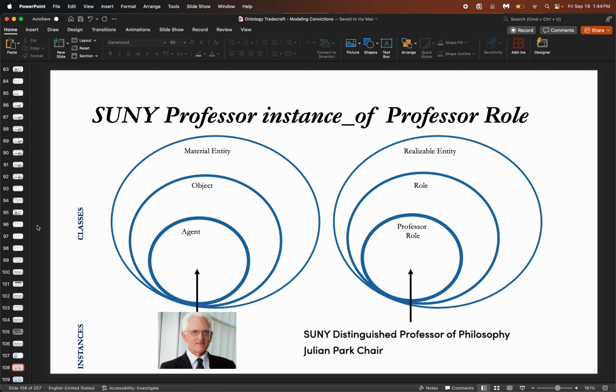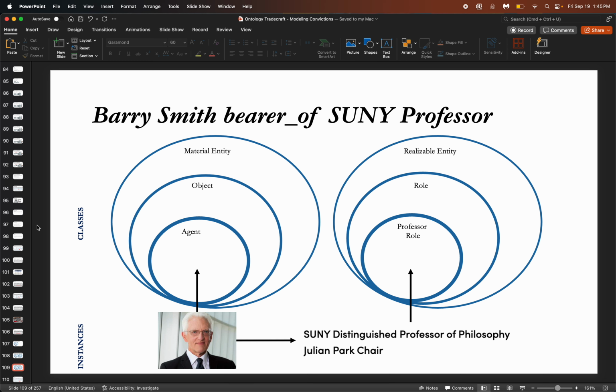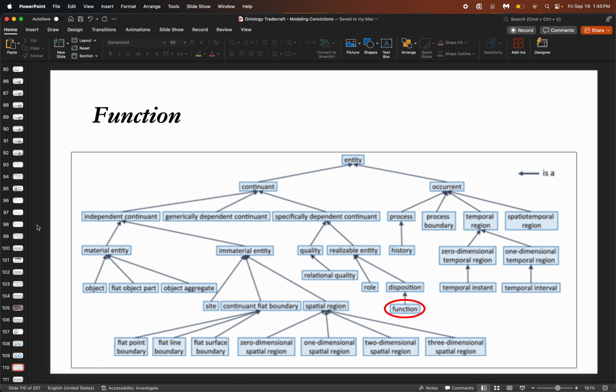And this role, this SUNY professor role, is an instance of professor role, and he bears this. There's a logical relationship between that role and what he bears, and we have to make this explicit for the machines, right? We can't just say there's a role and then there's Barry. We have to connect them explicitly.